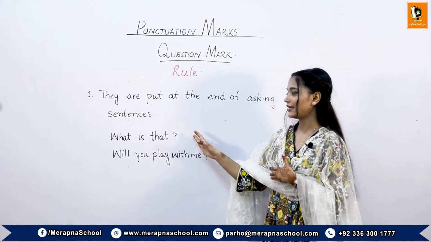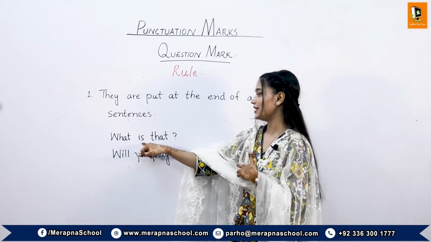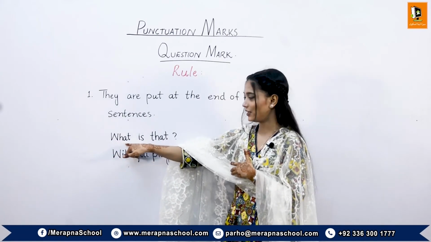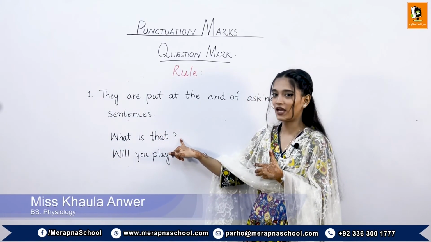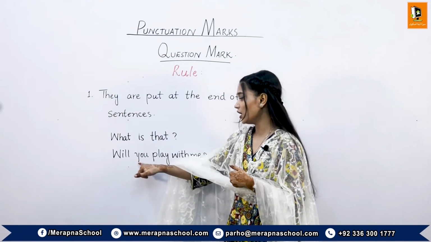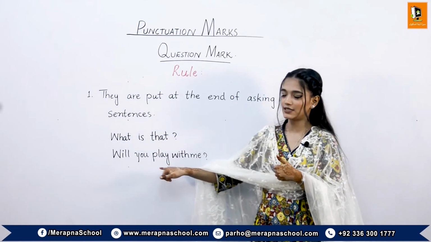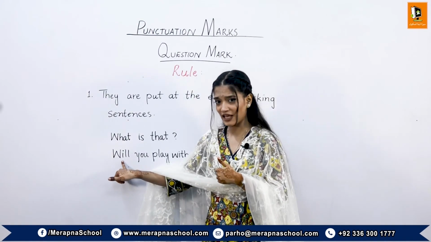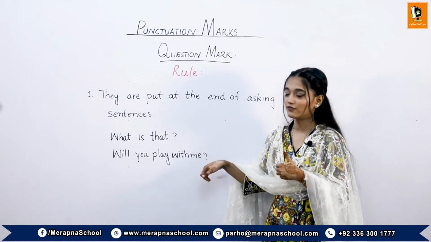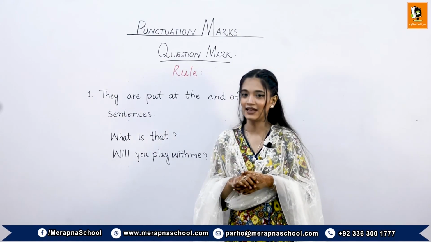For example, in this sentence, what is that? This sentence starts with a question word and after that we have put the question mark. In the second sentence, will you play with me? This sentence is starting with the helping verb and at the end we have put the question mark to show that it is an asking question.